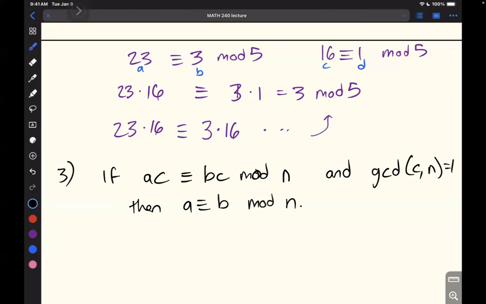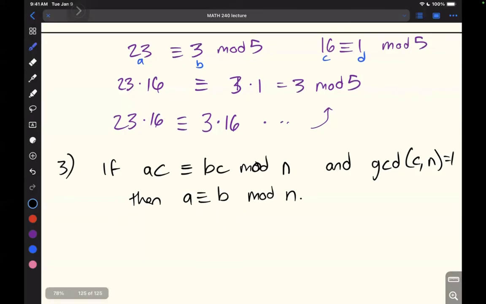Then A is congruent to B mod N. So we can cancel things out, which is nice.